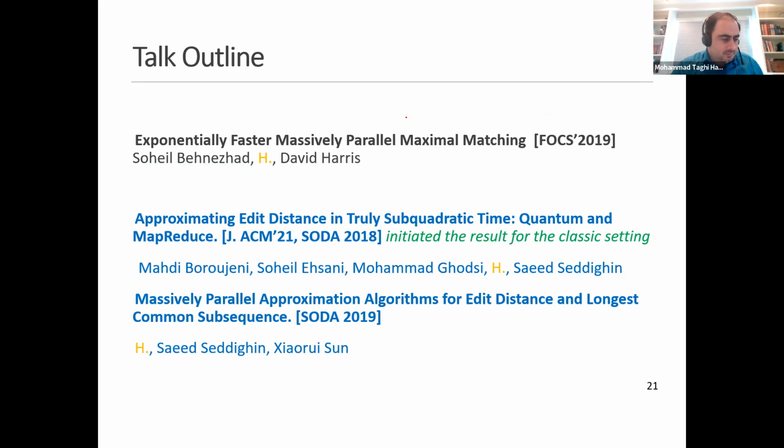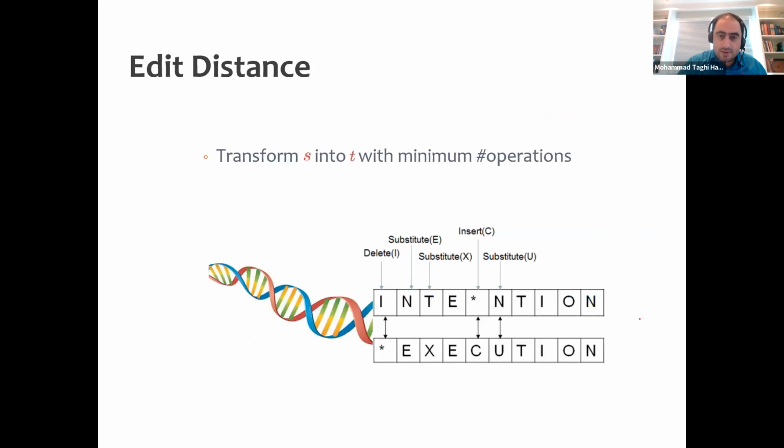There are other problems that you can also do, for example, the edit distance or the longest common substring. In general with edit distance, you want to transform a string S into a string T with the minimum number of operations. So what are these operations?